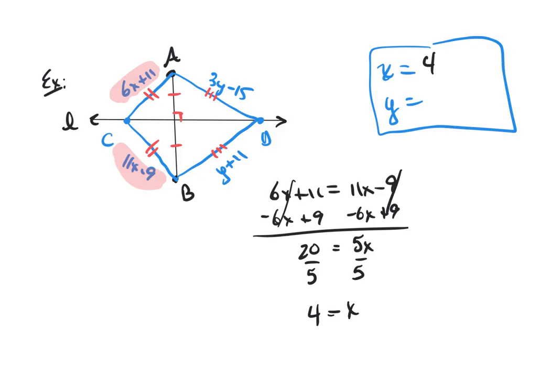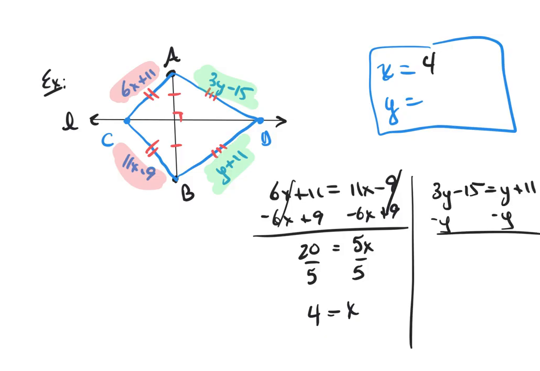And then similarly, picking point D, being on the perpendicular bisector, means the distance from D to A and the distance from D to B have to be equal. Again, allowing you to create a really easy equation. 3y minus 15 is equal to y plus 11. And again, you guys can solve this easily.